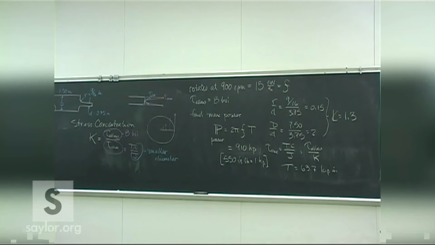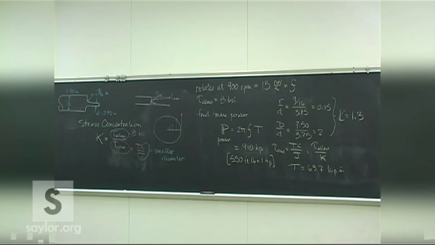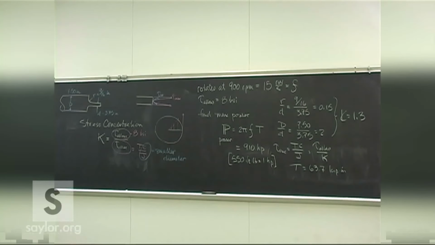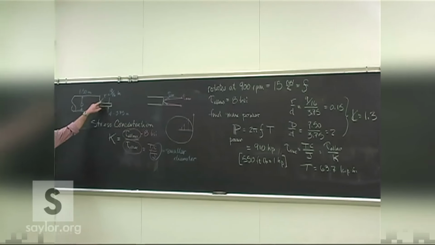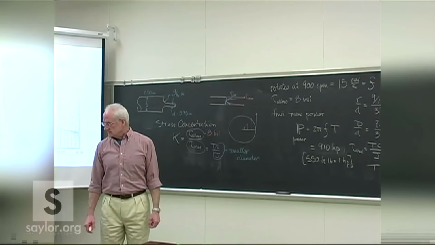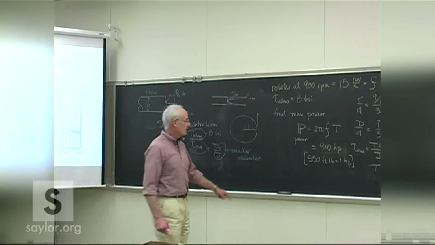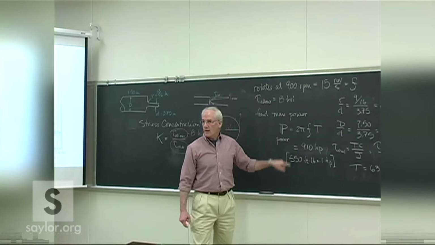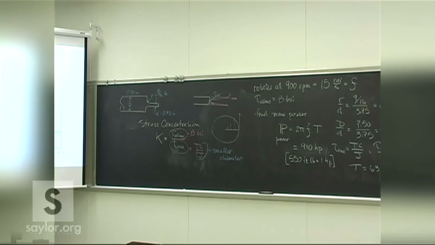Now, I can very easily make a change in the radius of the fillet if that's not enough. If 900 horsepower isn't enough, you can very easily change the radius. If you want to increase the available power output, would you go to a bigger radius or smaller radius on the fillet?